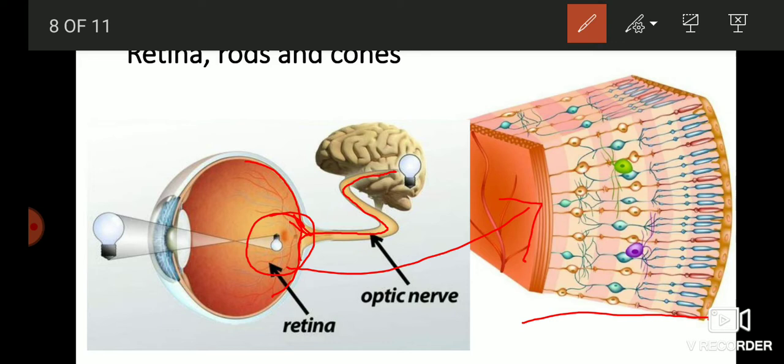The photoreceptor cells, that is rod cells and cone cells, help us to see objects in dim light and in bright light. Night birds can see very well at night, not during the day. On the other hand, day birds like kite and eagle can see well during the day but not at night.